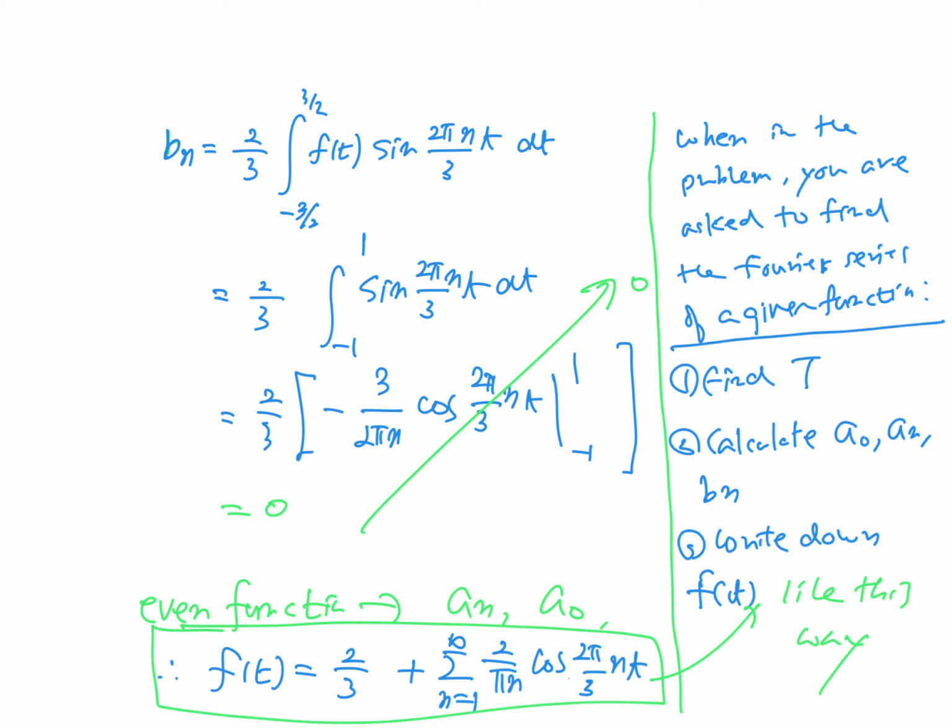Oh, right. So sine 2 pi n over 3. Right. Correct. Thank you. Let me check. Yes, so you have to put the complete term. So even I can make a mistake.